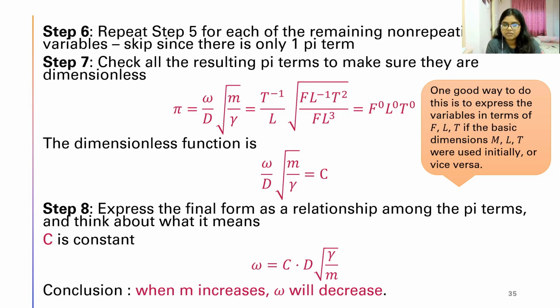Omega is equal to constant times the diameter times the square root of specific weight divided by mass. So in conclusion, when m increases, omega will decrease, since m is in the denominator, any increase in m will cause a decrease in omega.